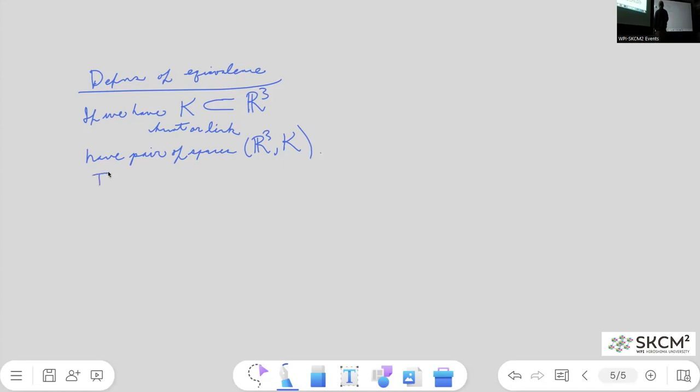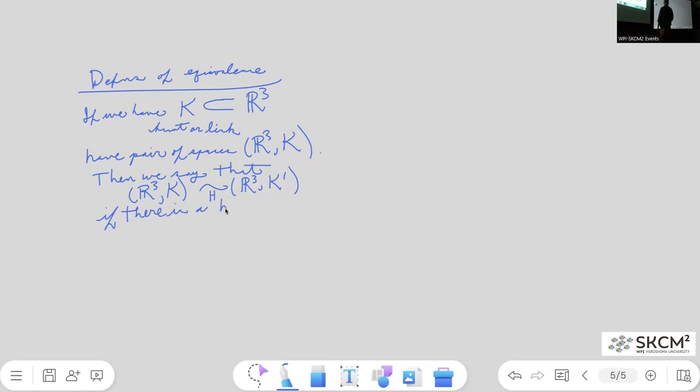Then we say that (R3, K) is equivalent by homeomorphism to (R3, K prime) if there is a homeomorphism H taking R3 to R3, and H restricted and applied to K gives us exactly the set of points K prime.